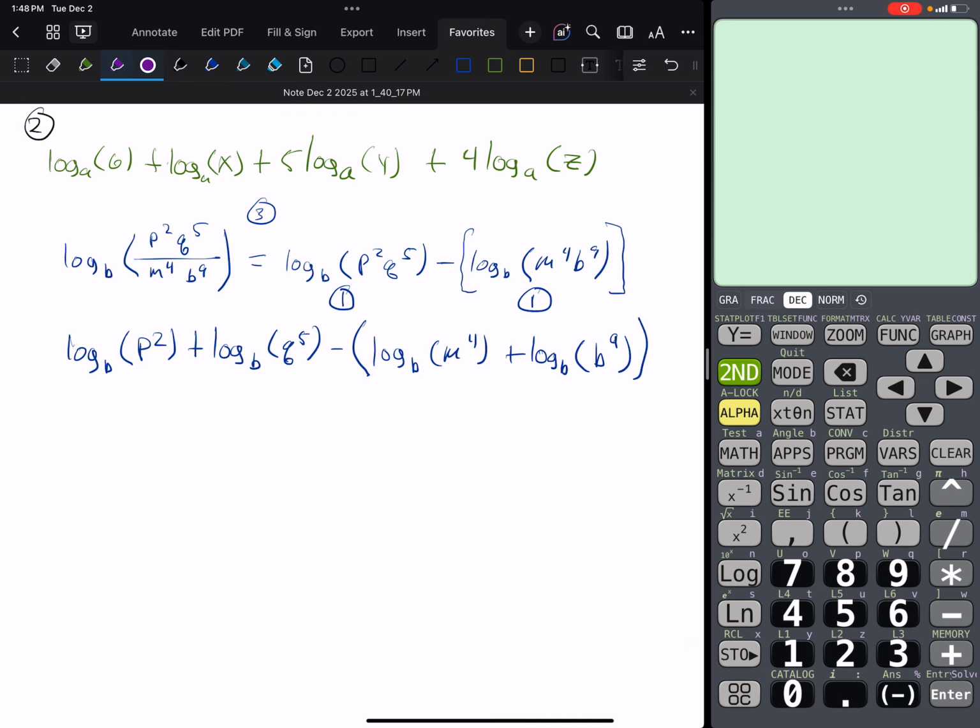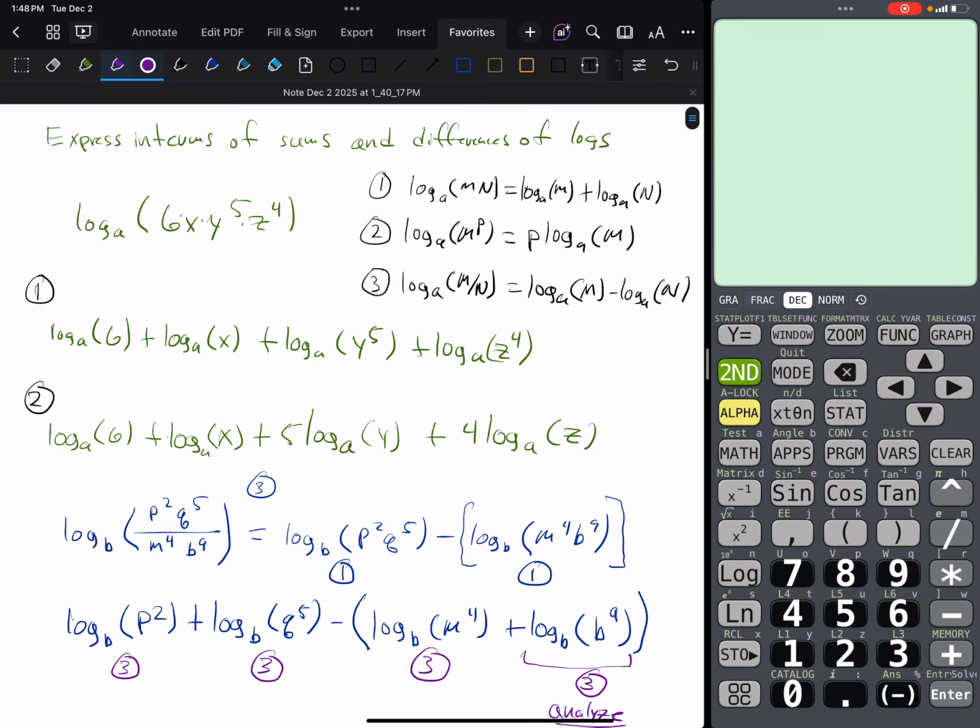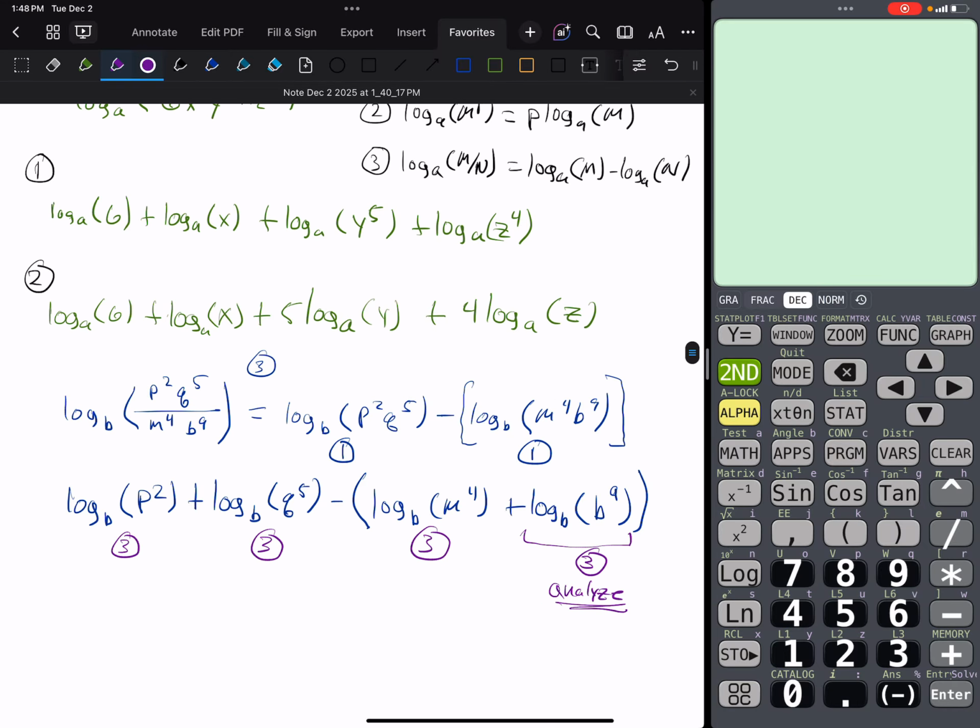Now, on each one of these, I want to use that third rule, right? This one's going to be a little bit funny. We can use the third rule, or we can analyze it on our own a little bit. And that third rule is, oh, I'm sorry, that's the second rule.